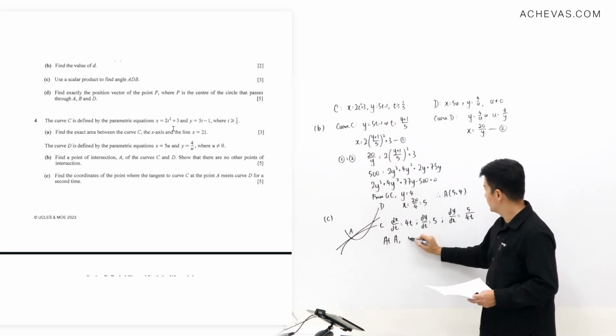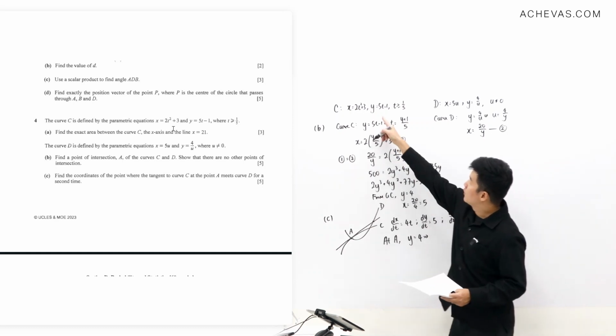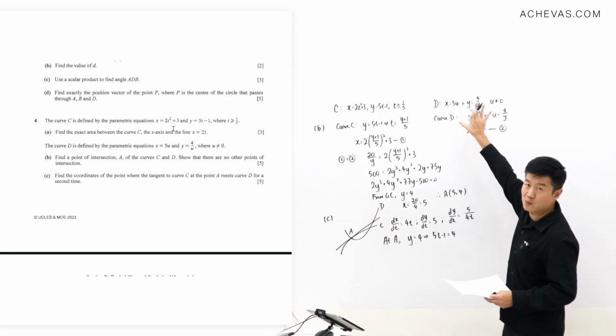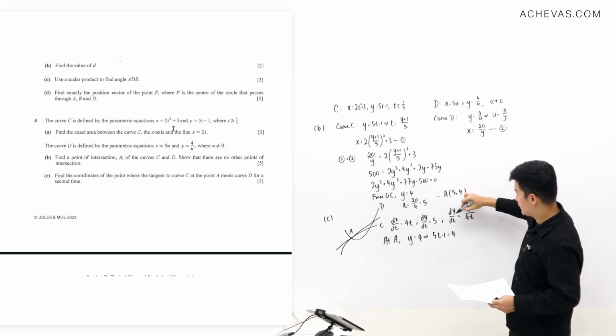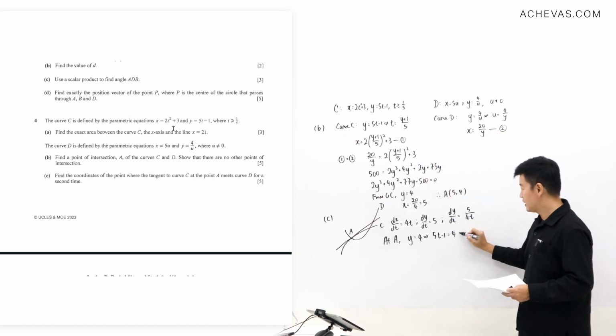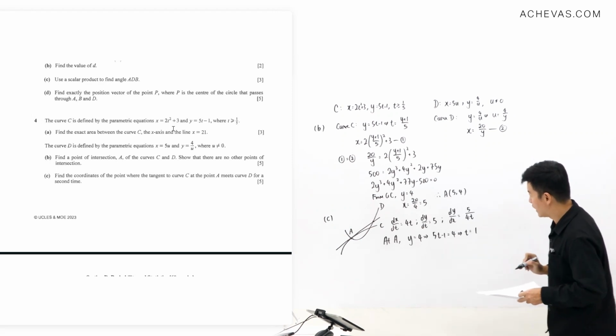We know that y is equal to 4, and y for curve C is 5t minus 1. This is going to be equal to 4. I was saying we can use this, but I realized we can't because dy/dx is in terms of t, not u. So we have to use curve C. Based on this, we will be able to find the value of t. t here is going to be equal to 1.